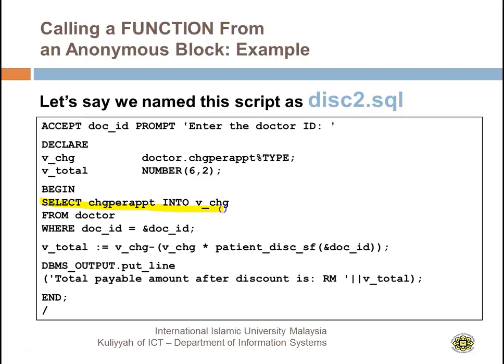I'm adding a select statement in the executable section here. I'm taking in the Dr. ID, and I want to know the charge per appointment. So once I know the charge per appointment, I can calculate how much the patient has to pay. So here I'm calculating the charge per appointment minus the percentage of the discount, which depends on who the doctor is this person is assigned to.